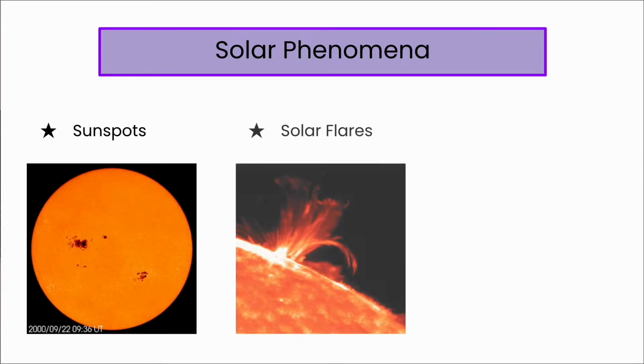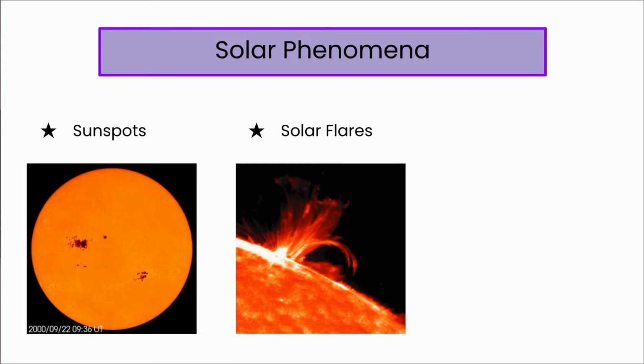The next one is solar flares. The process of creating sunspots opens a connection between the corona and the sun's interior. Solar matter surges out of these openings in formations called solar flares. These explosions are massive.